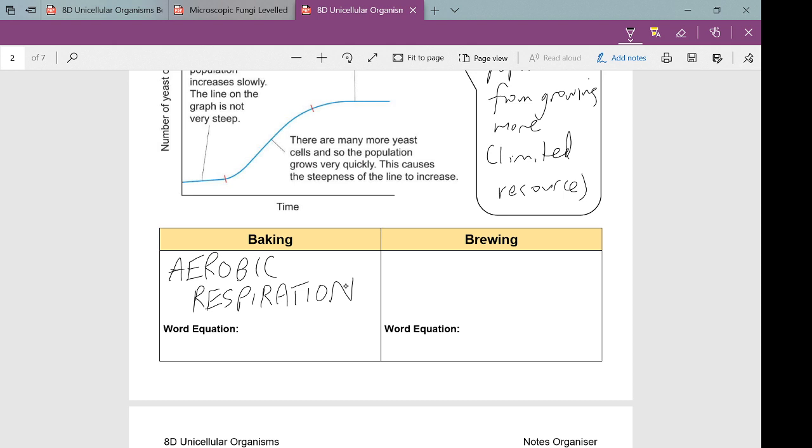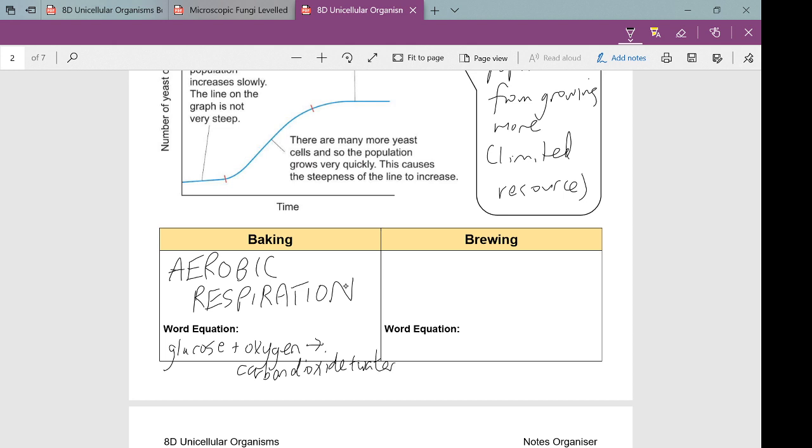And remember the word equation for aerobic respiration is glucose, which is the sugar, plus oxygen, gives carbon dioxide plus water.